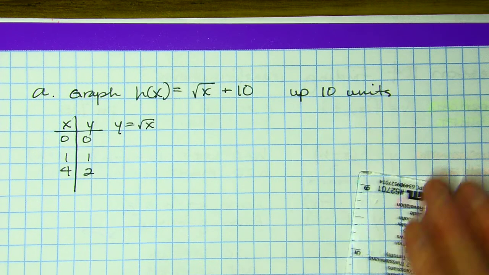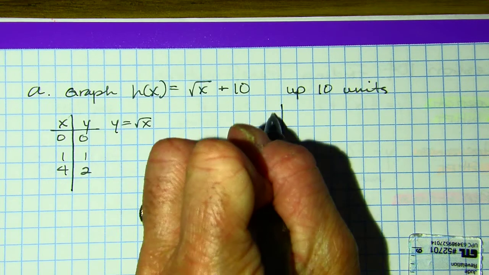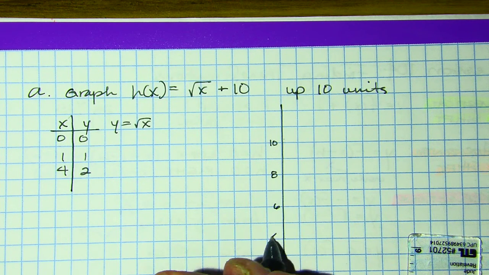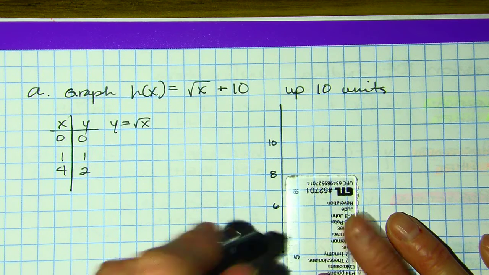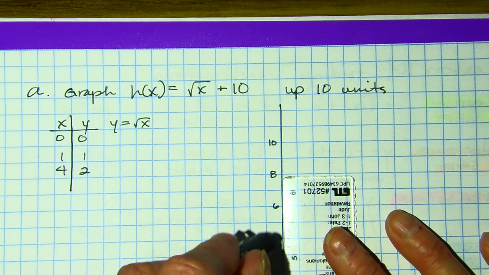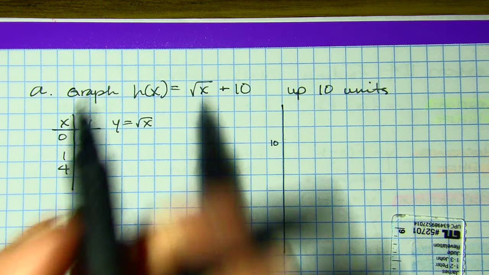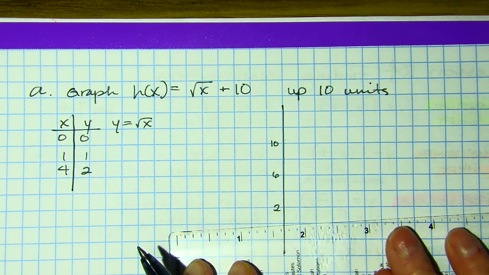So I'm going to change my scale because otherwise I have a really large graph. So if I do 10, 8, 6, 4, that's wrong. 2, 4, yeah, sorry. 10, 6, 2, here would be 0.